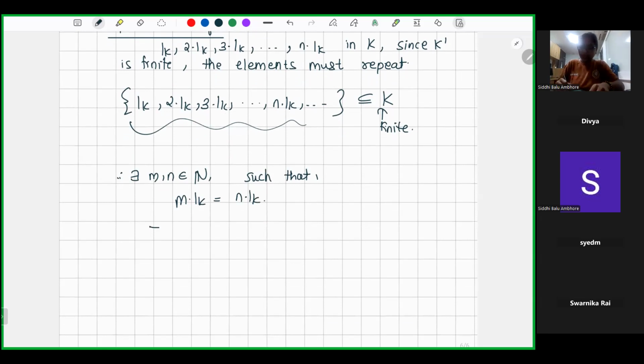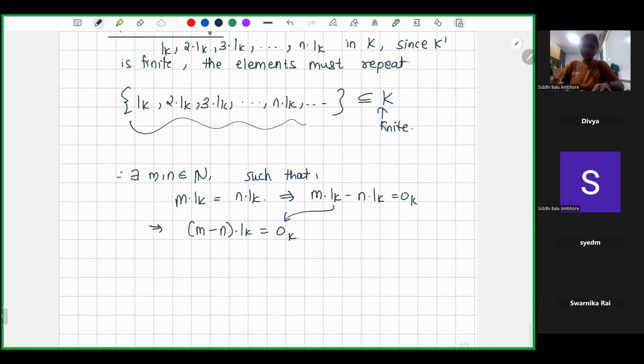So the moment I have this, I can take m minus n times 1K is equal to 0. Right, because this implies m into 1K minus n into 1K is 0, and this will give me m minus n into 1K is 0.